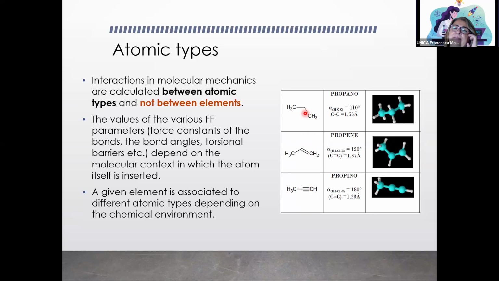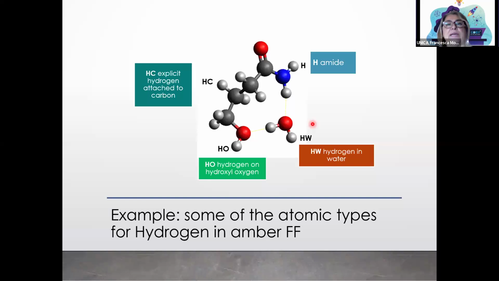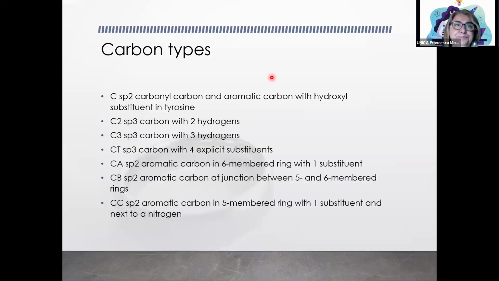This implies that we should use different atom types, different sets of parameters, for each atom, depending on the environment where it is present. Here are represented, for example, some different atomic types for protons in the Amber force field. They have different names because they have different parameters. And the same is true for the carbon types.